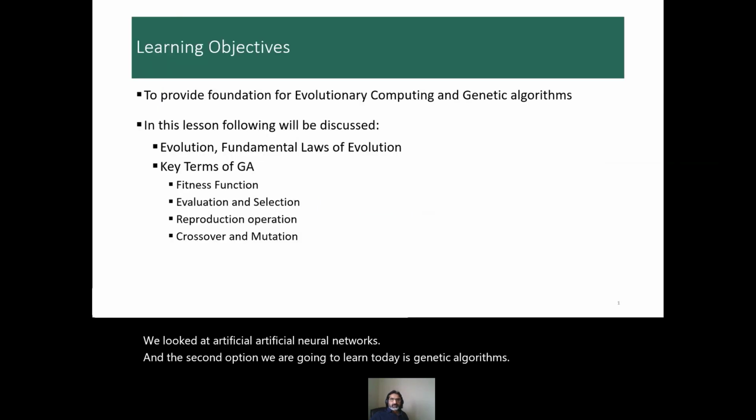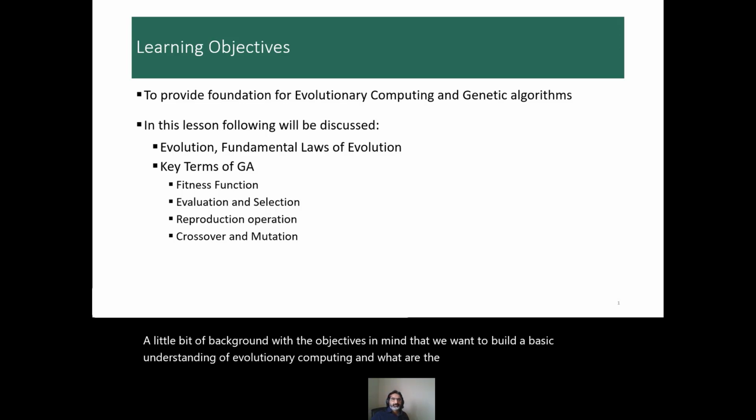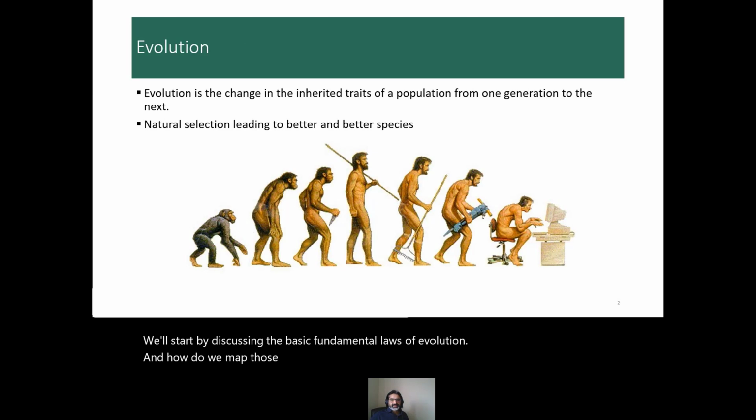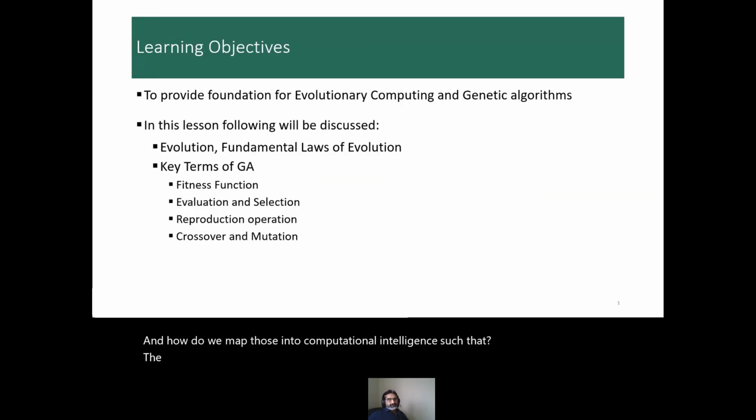We'll start with a little background, with the objective of building a basic understanding of evolutionary computing and what genetic algorithms are. We will start by discussing the basic fundamental laws of evolution and how we map those into computational intelligence, such that the basic core principles of evolution in biology can be mimicked in computational intelligence.